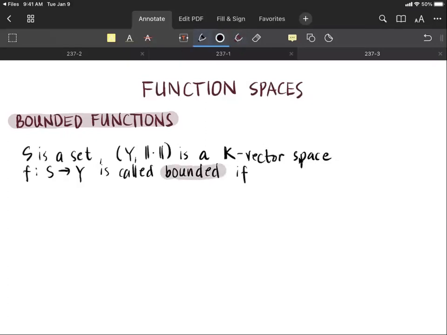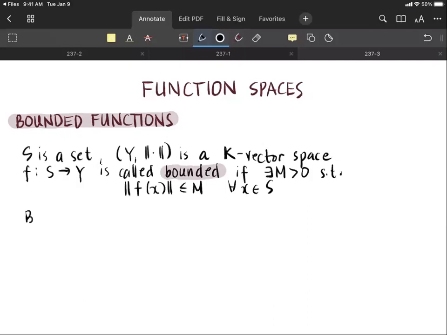In other words, if I can find a bound M greater than 0, such that the norm of f of x is less than or equal to M for all x in the set S. So again, a function is bounded if and only if the image set is bounded. And this is precisely what we mean by that.